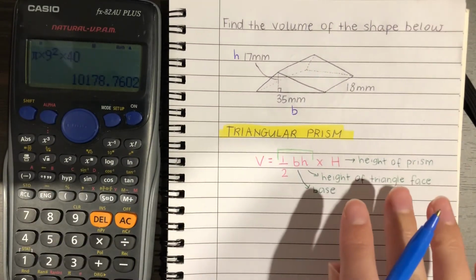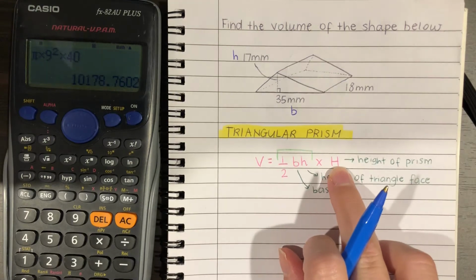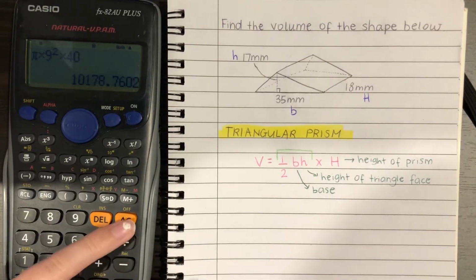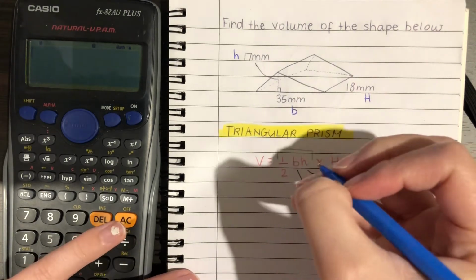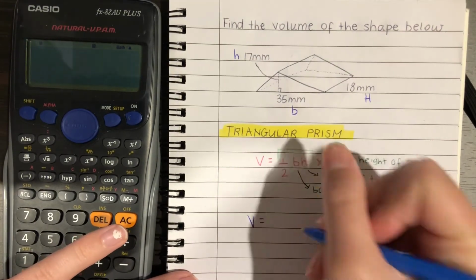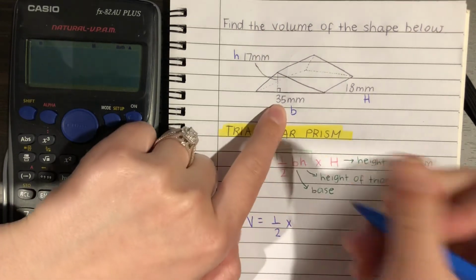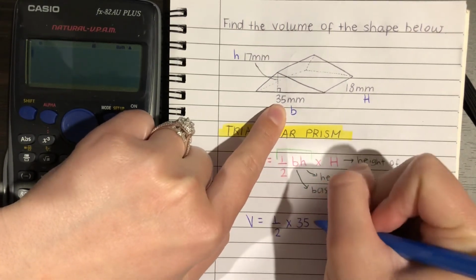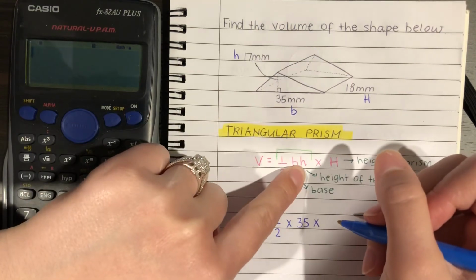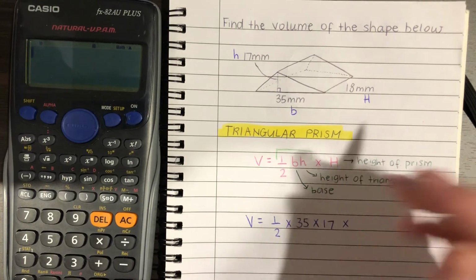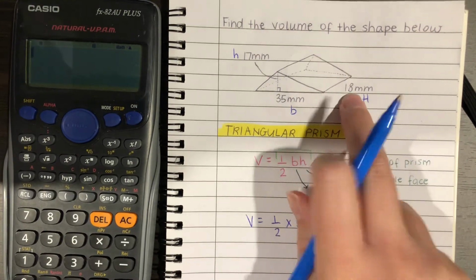And capital H is the height of the prism, so the 18 that's left over. And now we can substitute into our formula. So V equals half times the base, which is 35, times little h, which is 17, times big H, which is 18.